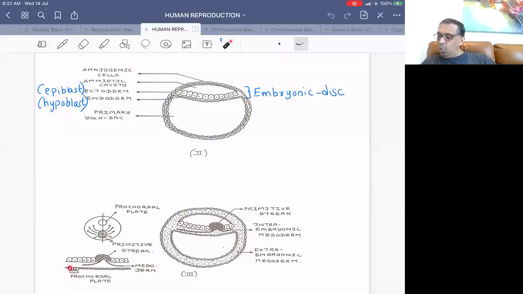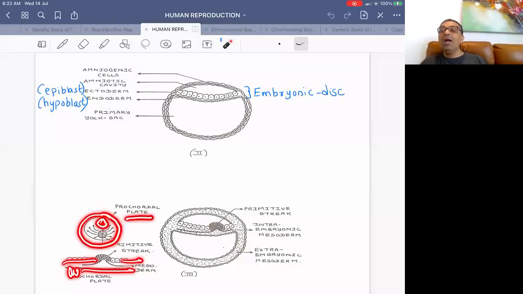And ये procordal plate थी. And now disc को हमने ऐसे देखा. So this is your procordal plate. The procordal plate forms the future head end of the baby. तो बेबी का head end procordal plate से बनता है.